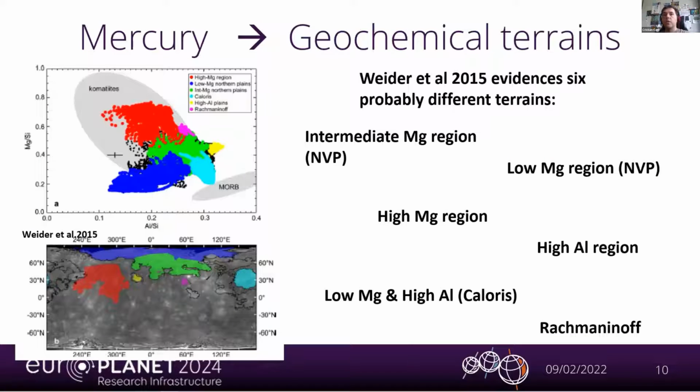This kind of information from X-ray permitted us to start to make some hypotheses on the type of material and on the differences of the regions. And you can clearly see, first, that the previous relationship between magnesium and aluminum moved us to suppose that the composition of Mercury was closer to basaltic towards komatiitic composition.